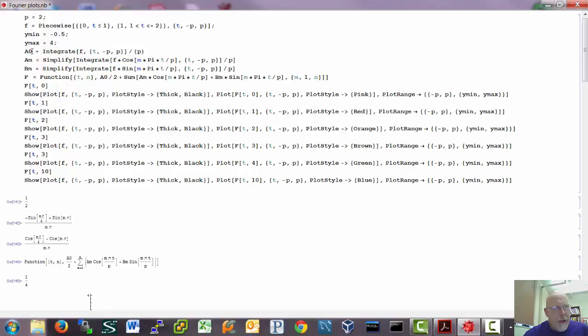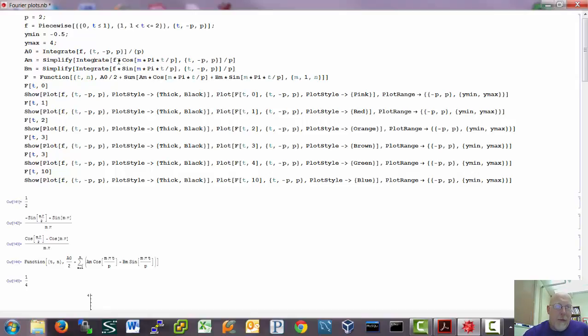And then I'm going to compute a0, so that we're going to integrate the function f. Remember, this is the 0 frequency function, so we're just integrating f from minus p to p, and then we divide that by p. And then for am, I put simplify in here. Turns out it doesn't work for a reason I'll explain in a minute.